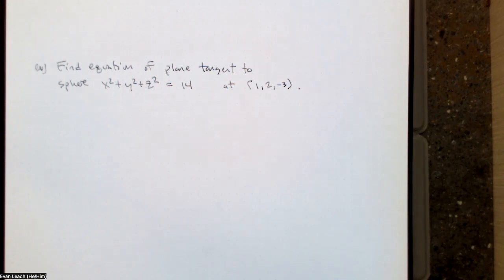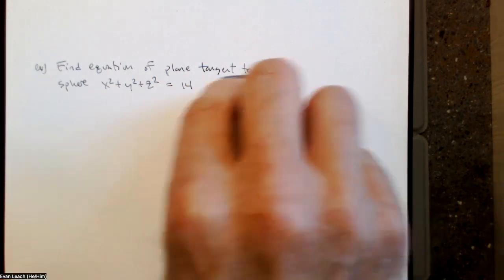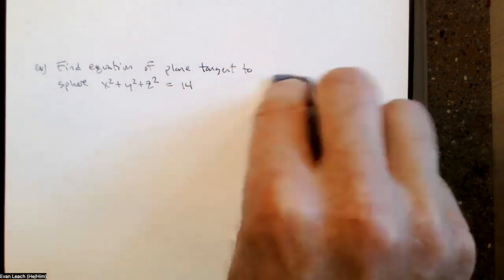So we've got a variation in how we are describing our surface. It's an equation in 3 variables rather than a function in 3 variables.